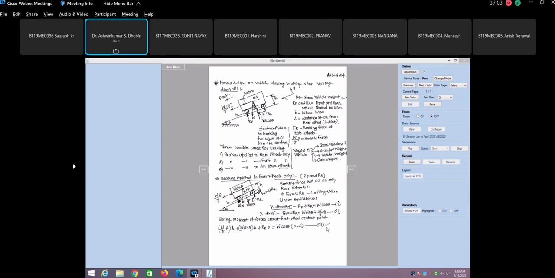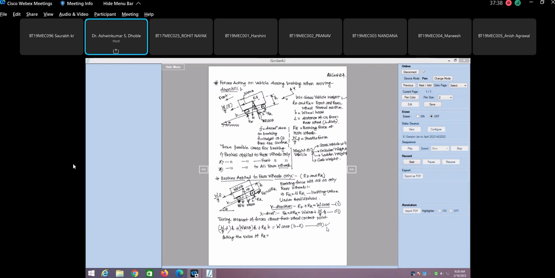Okay, so now putting the value of Rr. Rr we have to take from the second equation, sir.